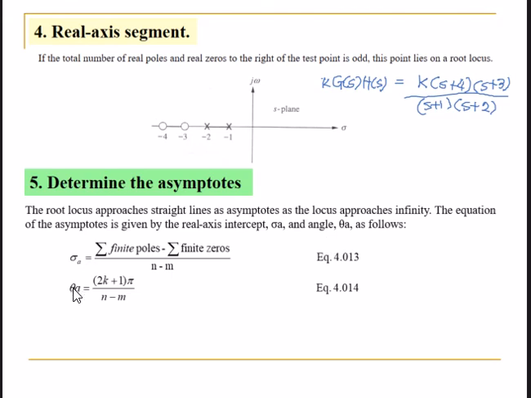Theta A equals 2k plus 1 times pi, divided by n minus m, poles minus zeros.